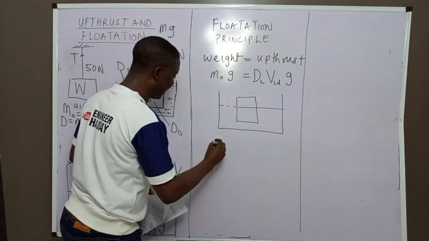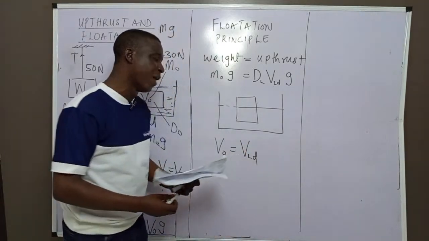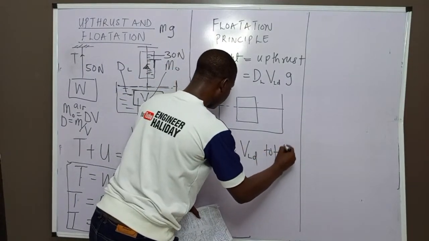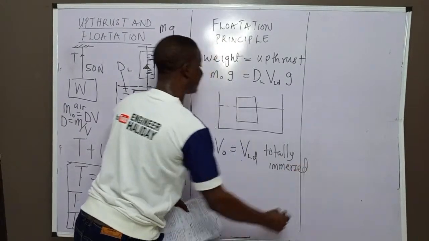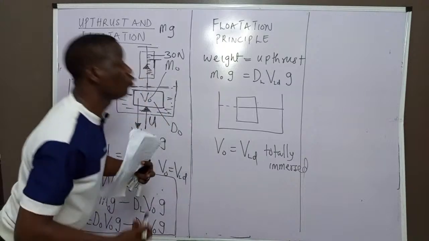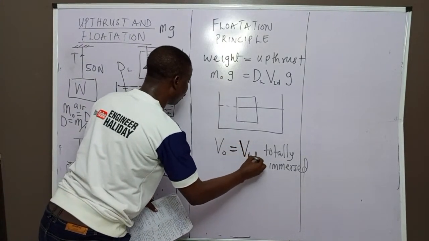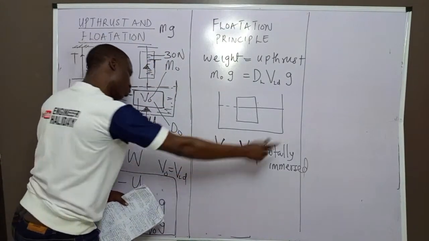Don't forget, the volume of the object equals the volume of liquid displaced only when it is totally immersed. Most times we don't have the volume of liquid displaced in the question. What you are given is the mass and density of the object, so you find mass divided by density to get the volume of the object.